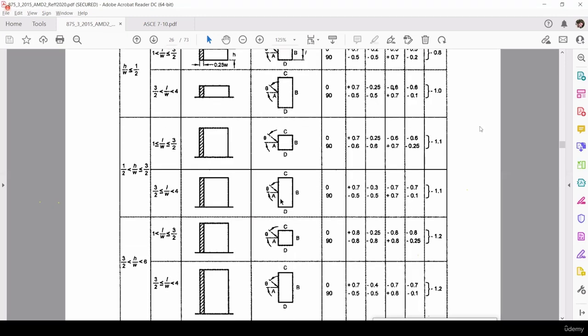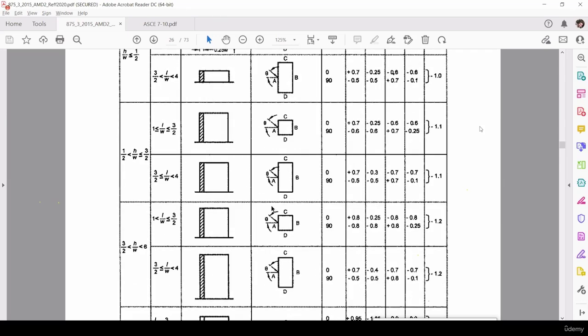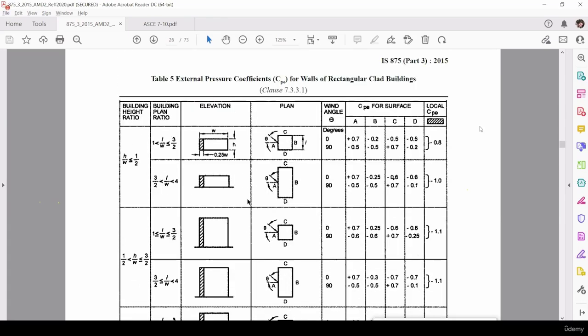In case of a square building, there will not be any categorization. Why are you asking this question? Directly, in case of a square building, it will be one only, no?